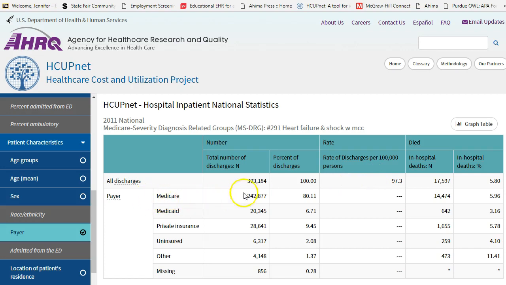We're looking specifically at Medicare information. So we are just wanting to compare our rate to that of this, the 5.96%. So that's going to be something that you're going to have to document.